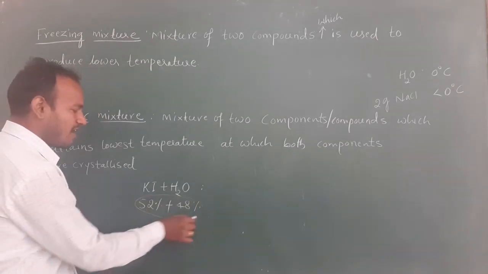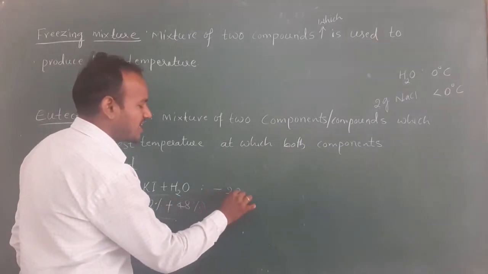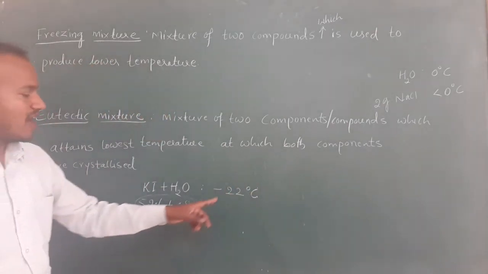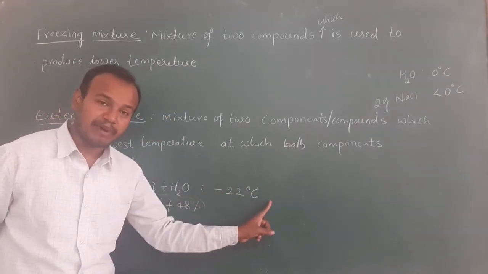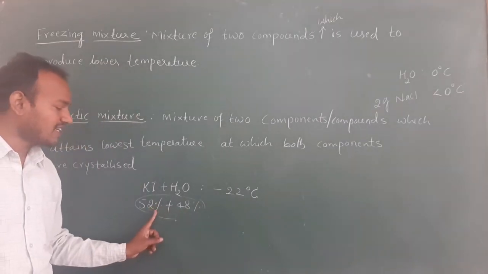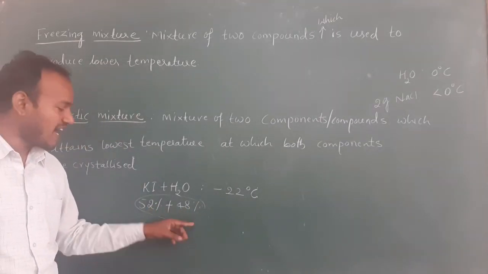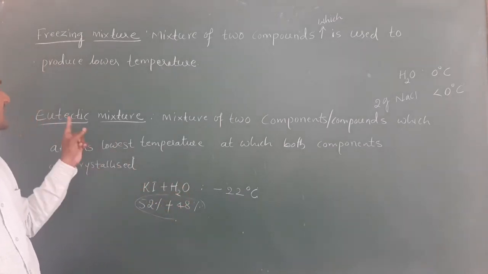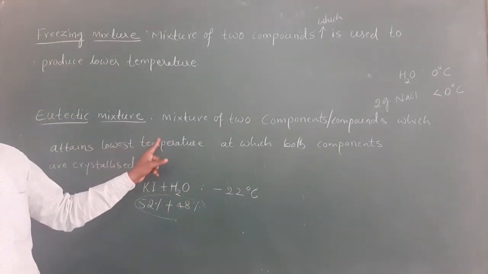Under this composition, the lowest temperature attainable is -22 degrees Celsius, and therefore we call this the eutectic temperature, and this is the eutectic composition. At this composition, the KI and water system acts as a eutectic mixture. So this is the meaning.